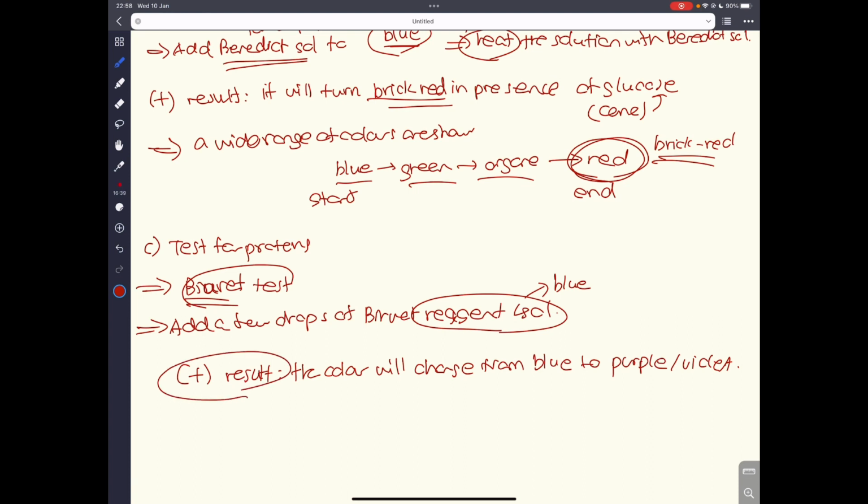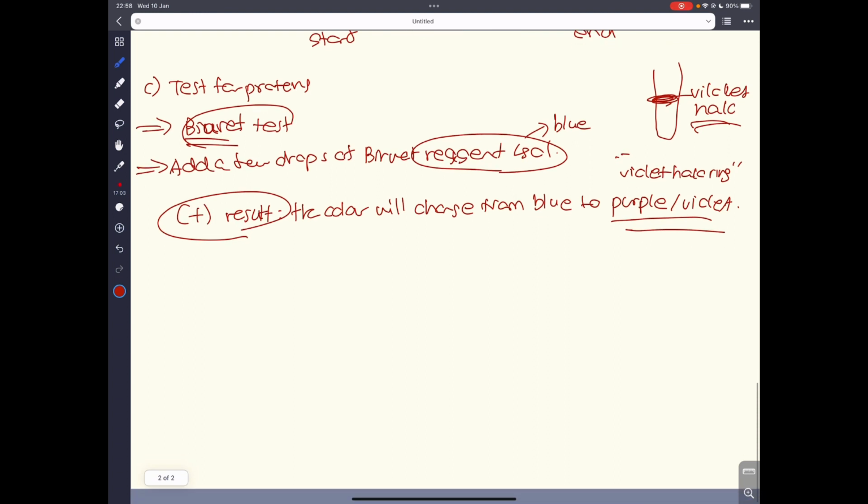Sometimes they do describe it as a violet halo color, halo ring. Now this is the same thing because in the test tube there's like a violet halo ring. Now it is called halo because it kind of looks like the circle above an angel. Right. So if the negative test, if protein is not present, then the color will obviously stay the same.